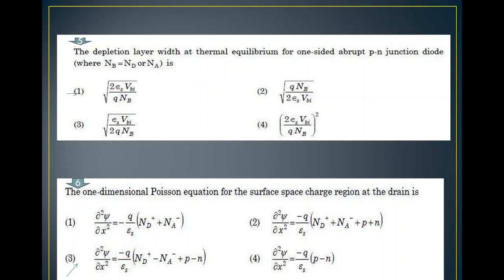Question number 6. The one-dimensional Poisson equation for the surface space charge region at the drain is.